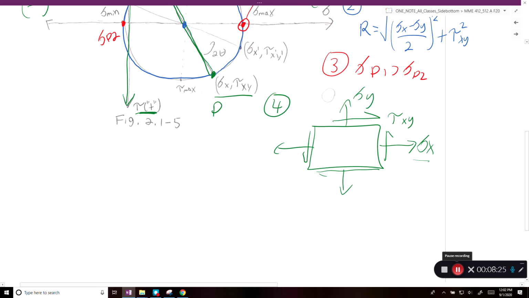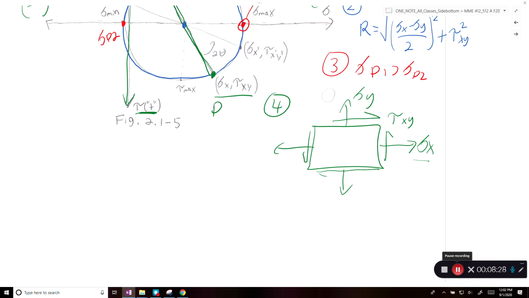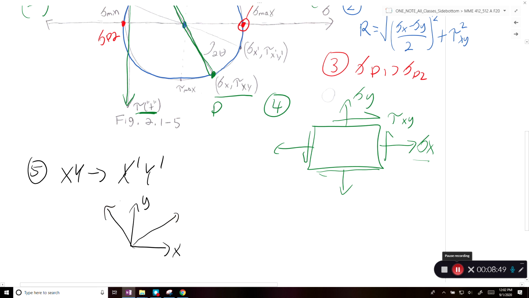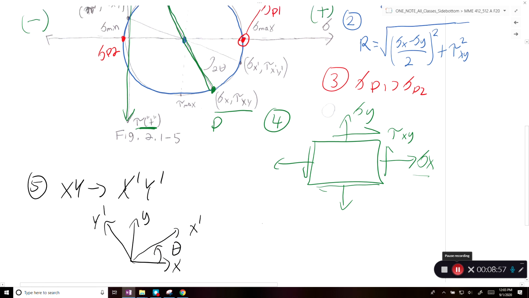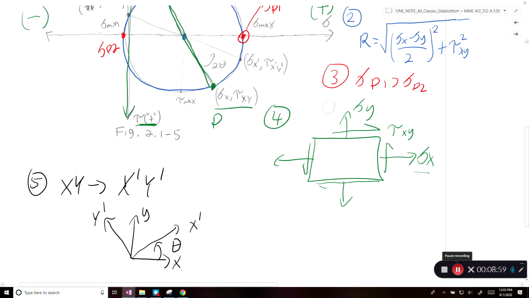So if we wanted to go from the xy coordinate system to the x prime y prime coordinate system, let's say our xy coordinate system was like this, and our x prime y prime coordinate system was separated by some angle theta. All we have to do on the Mohr circle is rotate 2 theta on it.